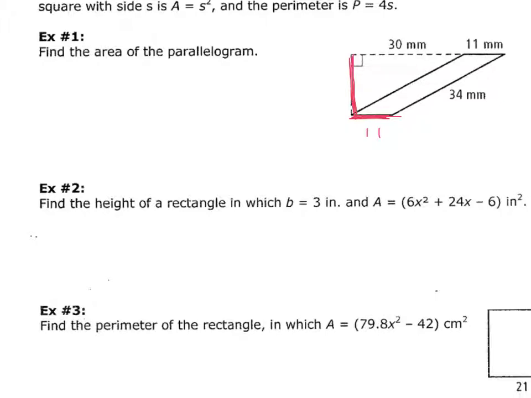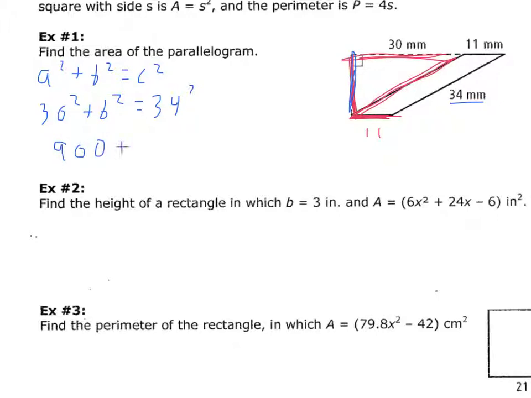So we're going to have to use the Pythagorean theorem to find what that is. Since we know these two pieces, that enables us to find this piece. And we do that by using a squared plus b squared equals c squared. Okay, so let's plug in what we know. We know that a squared is 30. We don't know what b squared is yet. And we know that c squared, or our hypotenuse, is this guy over here. If we take 30 squared, we get 900 plus b squared.